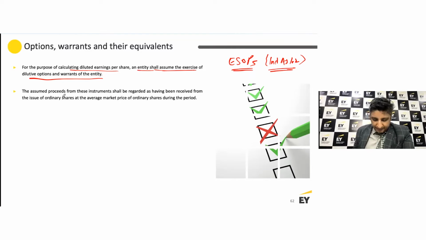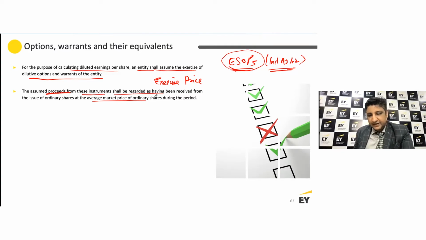Whatever we receive, in case of an ESOP, in case we are charging some price for the shares or for the options so that these may be exercised, something like an exercise price in itself, that exercise price shall be compared with the average market price.